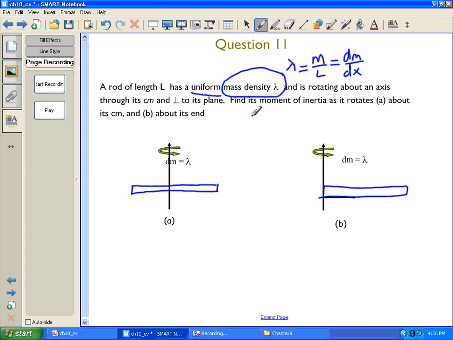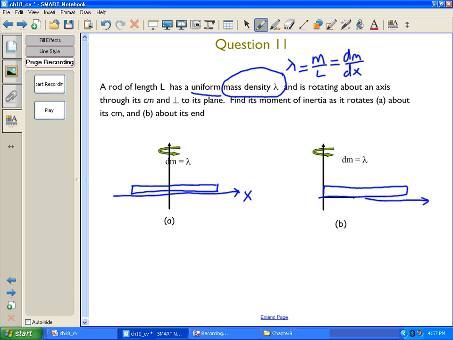These are not discrete masses now. These are masses so infinitesimally small that when we sum them up, we have to integrate. But because of the uniformity of this mass distribution, we immediately have a relationship between the mass density, the total mass and the total length, and dm over dx, where we take the x-axis to be the axis along which this very thin rod lies.